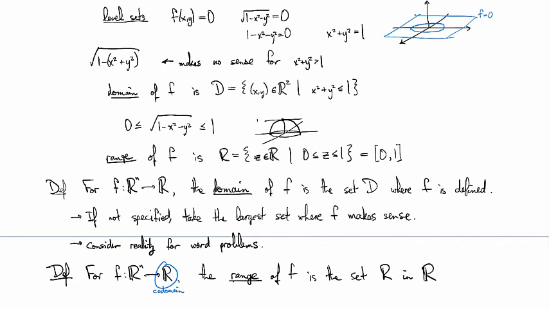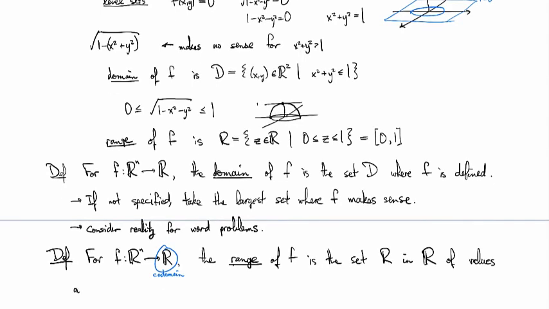And this is going to be the set of values attained by f as it varies over its domain.